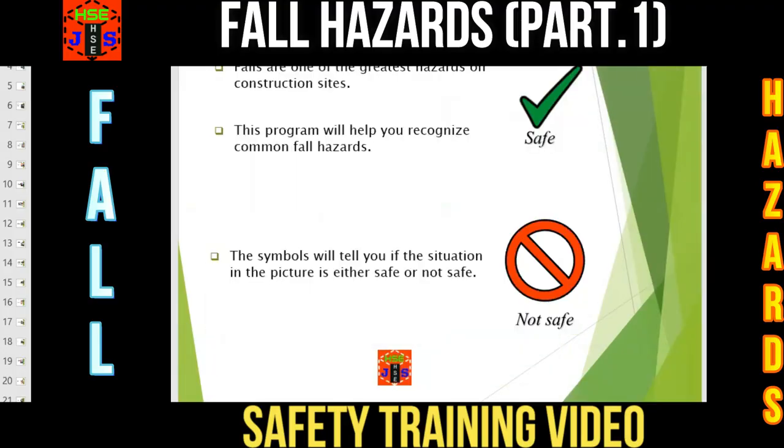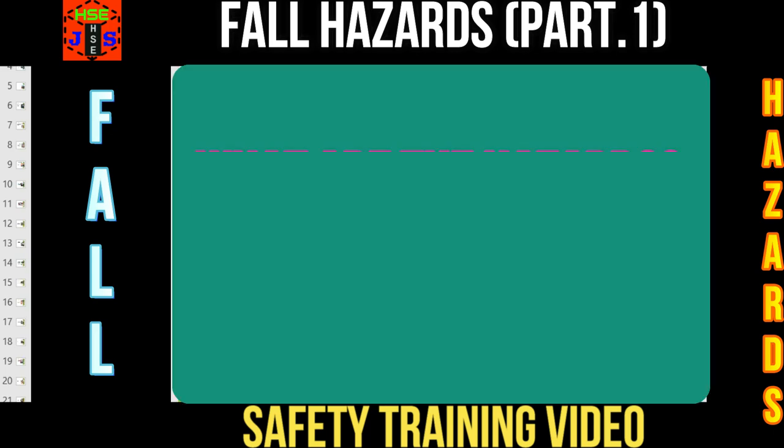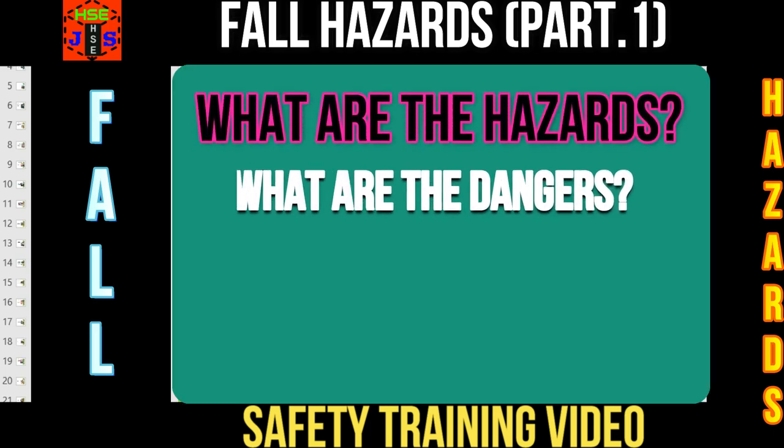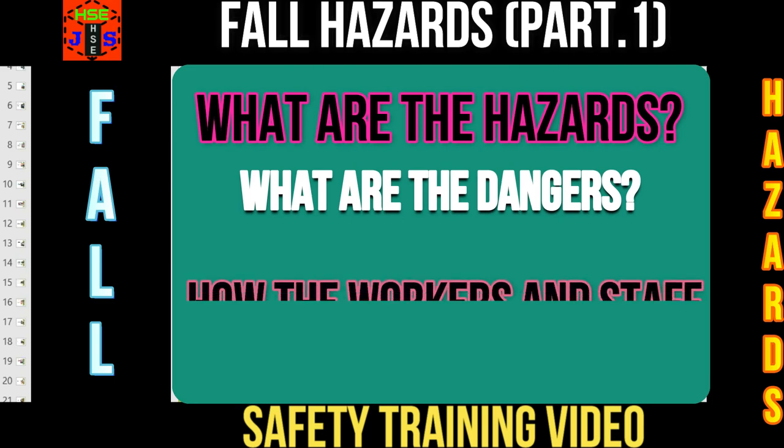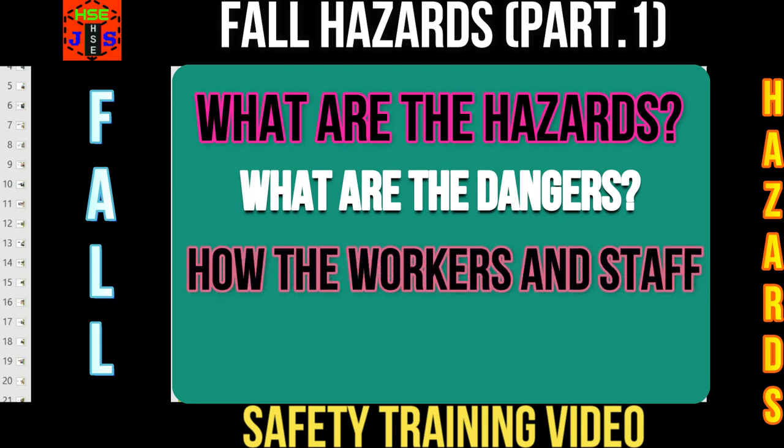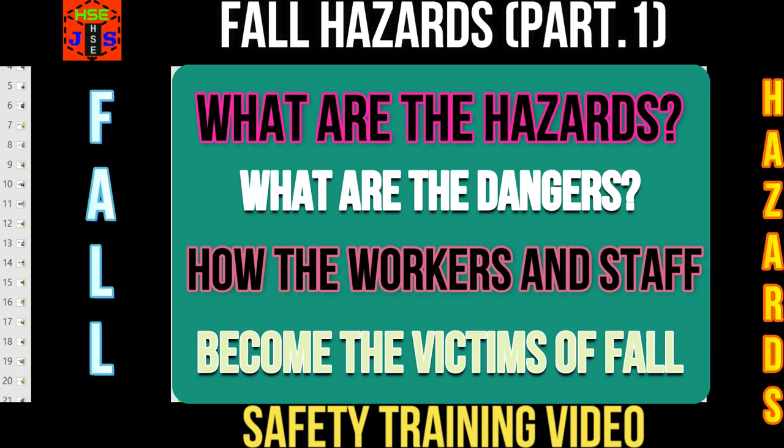Dear friends and fellows, in this safety training session, I will highlight the important points with photographs that will help you to understand exactly what the hazards and dangers are, and how people, workers and staff members, are falling from different platforms.